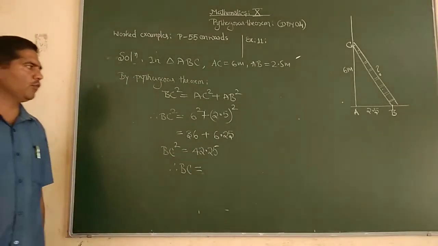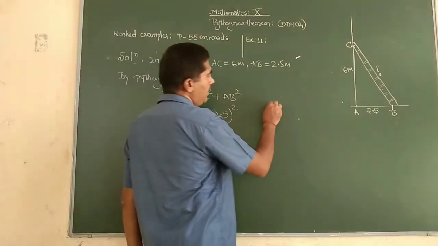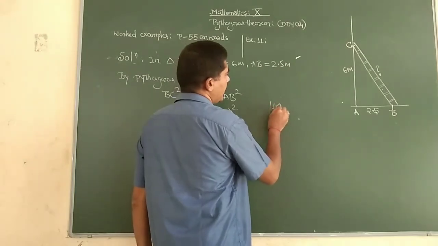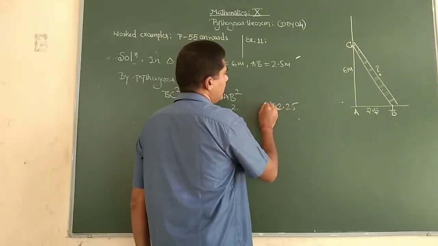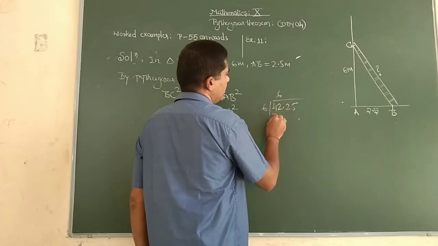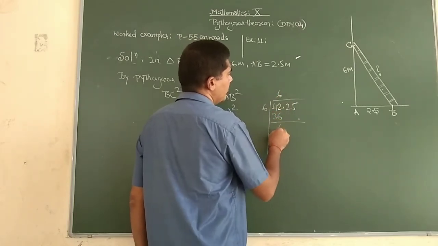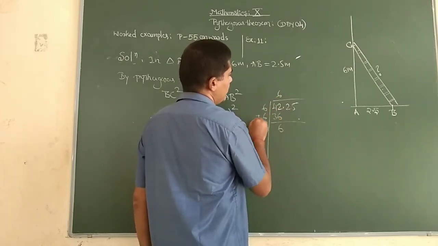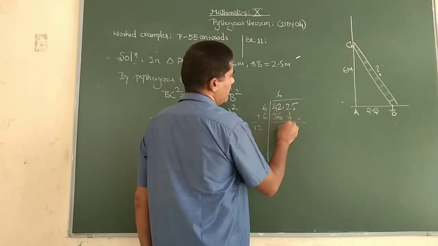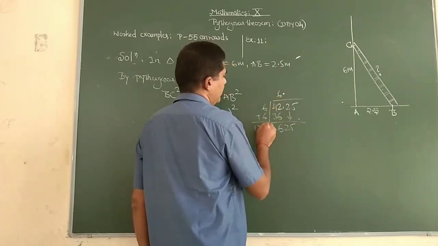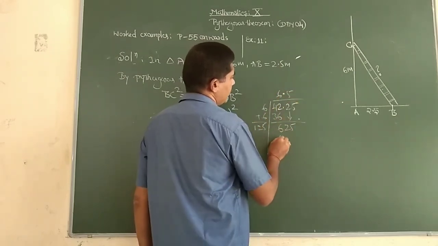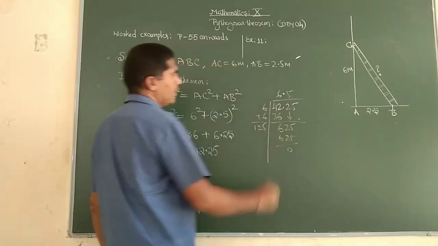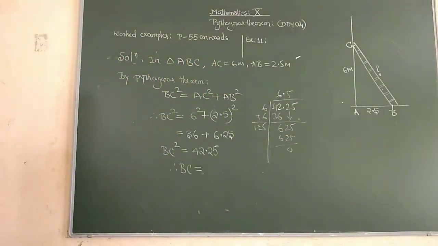How to find the square root of 42.25? Recall the methods we have learned earlier. 42.25: 6 square is 36, division method. Plus 6 remaining, plus 6 will put here. 25 is brought down, 125 coming down, 625. I already taught you in class 9 also once.